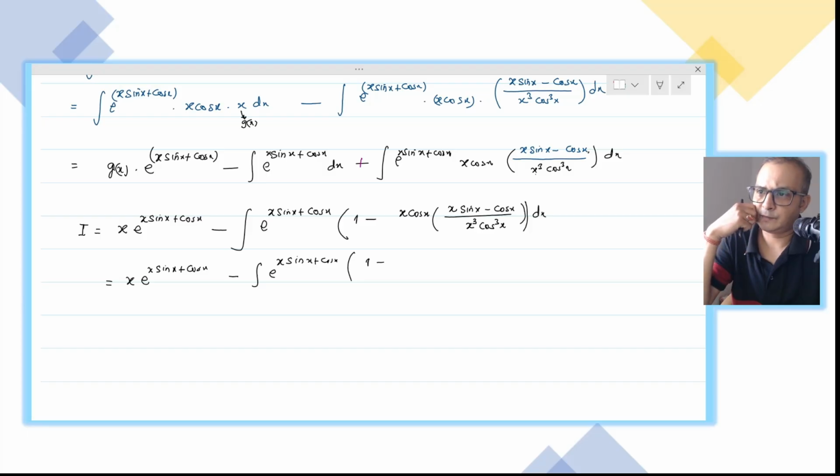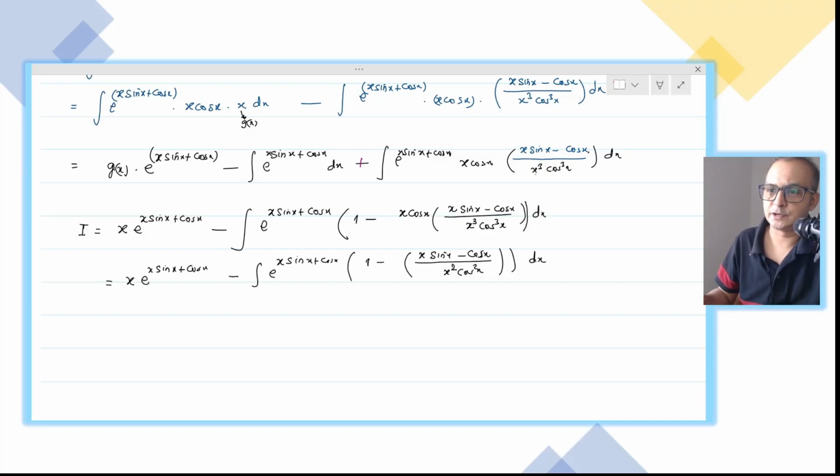So we are thinking maybe it will happen, and so I'm multiplying this thing, so it will become like this: (x sin x minus cos x) divided by x square cos square x.